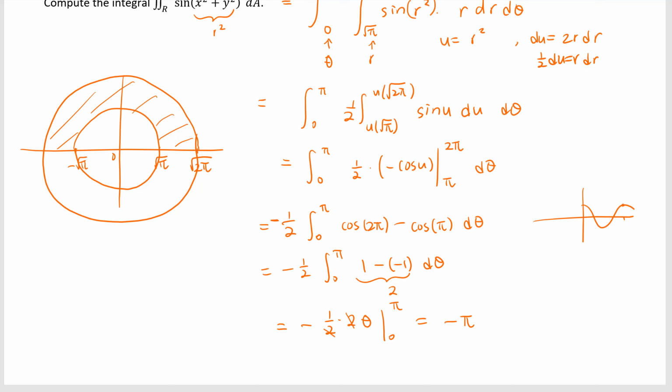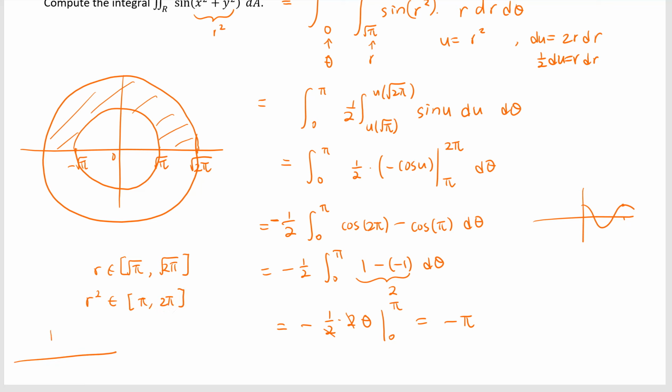Yeah, the double integral is negative because this is a signed volume, okay? So think about it: if r is between square root of pi and square root of 2 pi, then r squared is between pi and 2 pi.